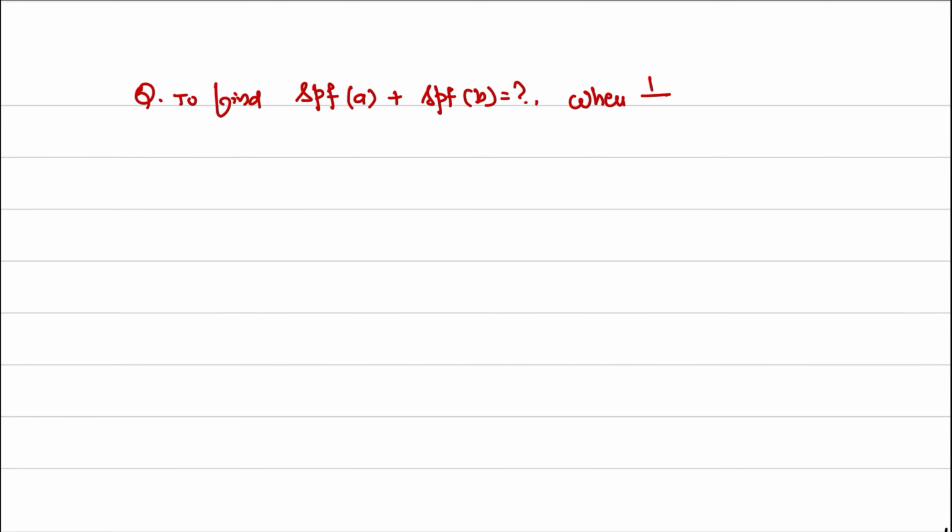Here the question is to find the smallest prime factor of A plus the smallest prime factor of B, when the sum of the harmonic series 1 by 1 plus 1 by 2 plus 1 by 3 up to 1 by 16 is equal to A by B.